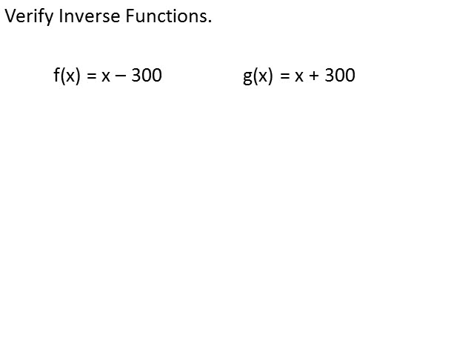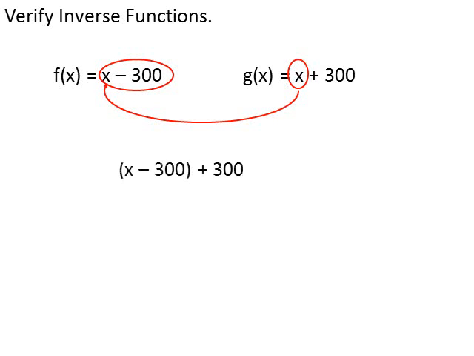These two are pretty obviously inverses, and I'm going to use that idea to see what happens when I make a composition out of two inverse functions. So in this case, I'm going to replace the x in the g of x with the entire f of x function, so x minus 300. So I'm plugging f into g. So this is g of f of x. When I do that, I get x minus 300 plus 300.